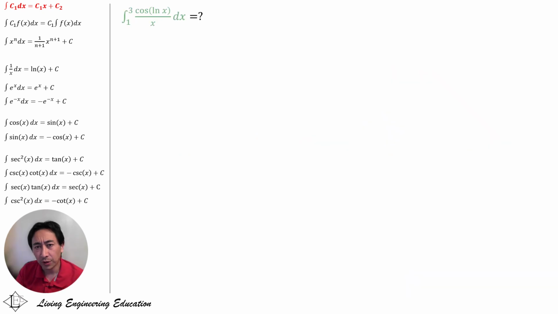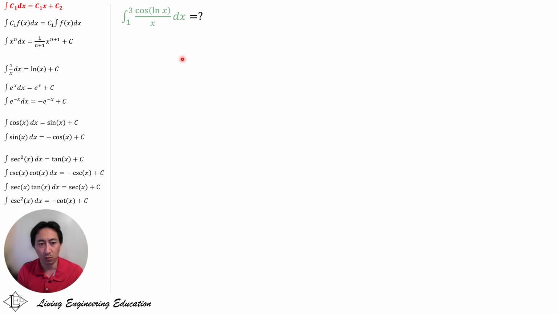Okay, so for our last problem, we have cosine natural log x over x. It looks like a lot of things are going on in this system here. So press pause and think about what substitutions you might want to apply to this problem.